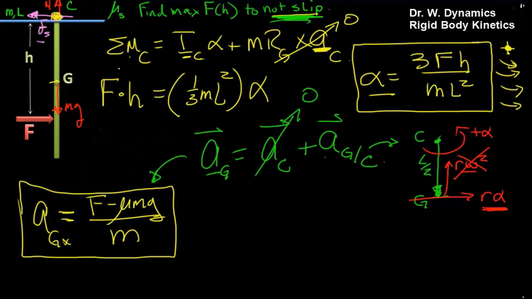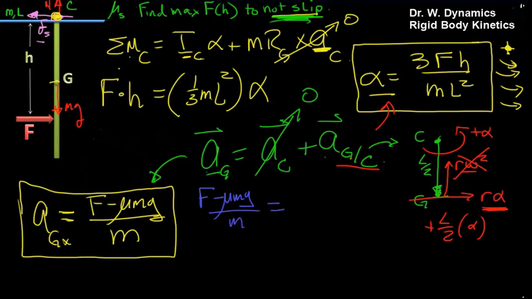And we'll end up with the acceleration of G with respect to C is R, which is L on 2, times alpha. And it'll be positive by the right-hand rule. So this exists. It's L on 2 times that. So if we relate these together, A sub G is F minus mu mg over m.